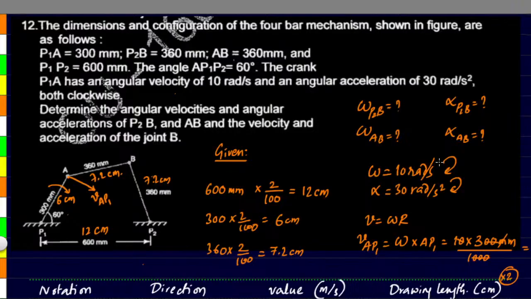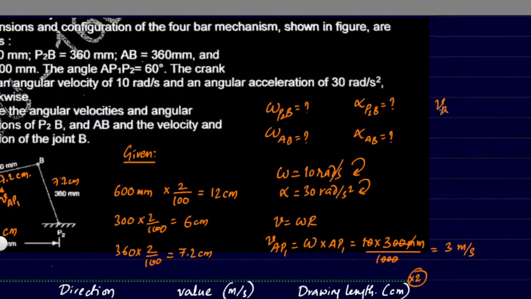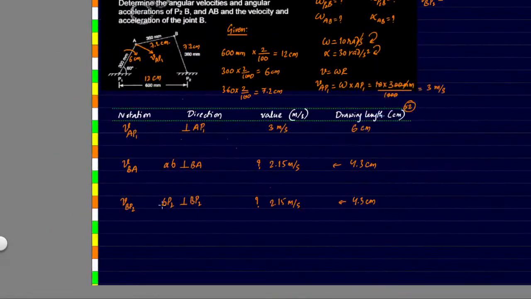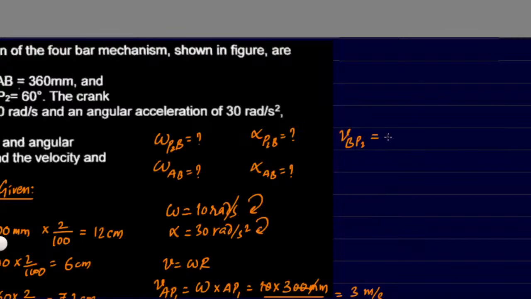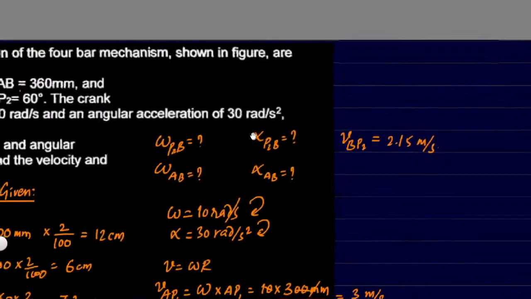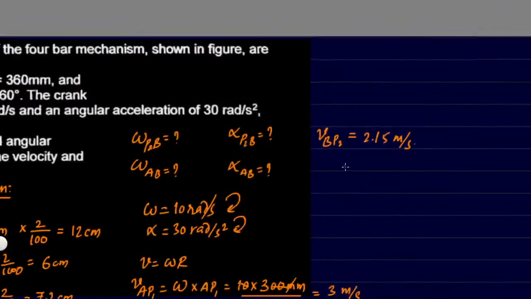Velocity of B we have already found. By velocity of B, he wants us to find it with respect to the fixed point P2. The velocity of B with respect to the fixed point is 2.15 meters per second. The next thing he is asking is the acceleration of joint B, the total acceleration of B with respect to P2, in meters per second square.